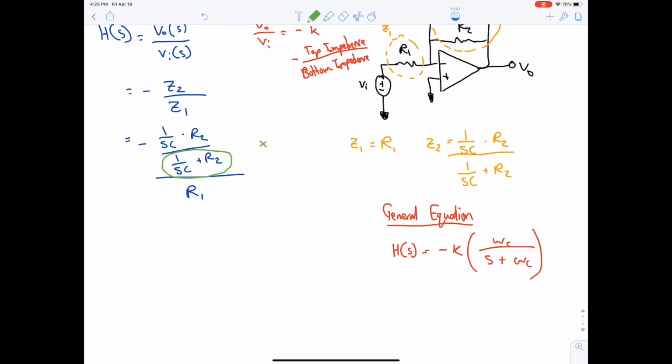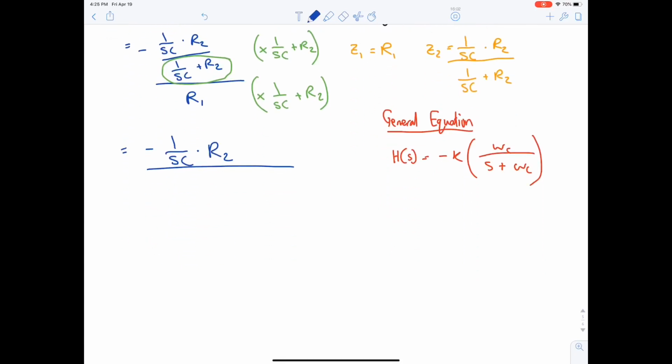So we multiply by the same 1 over SC plus R2, the denominator, same value, multiplied by it. This will give us minus 1 over SC multiplied by R2 divided by R1, 1 over SC plus R2.